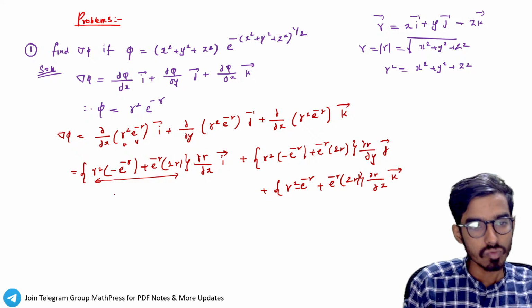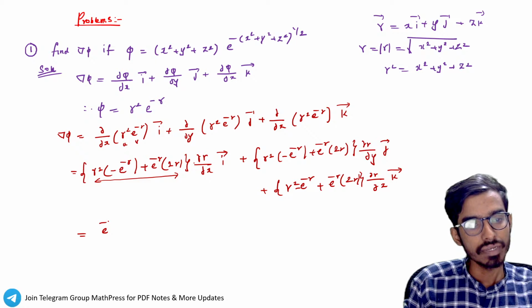Okay. Now I can take this e^(-r) outside, right? So if I take e^(-r) outside, here we have 2r, here we have minus r².